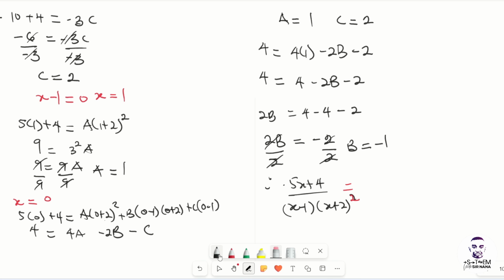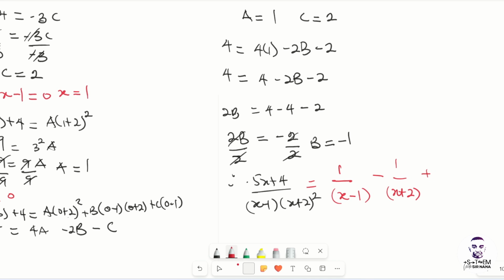We have our a to be 1, so that will be 1 all over x minus 1, and then we have minus b, b is negative 1, so minus 1 all over x plus 2, and then plus our c, and we know that c is equal to 2, so 2 all over x plus 2 all squared.